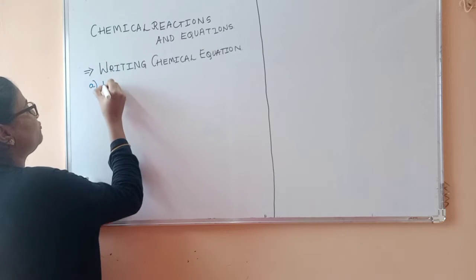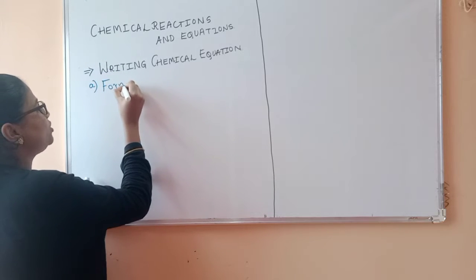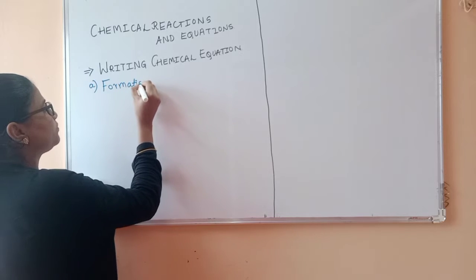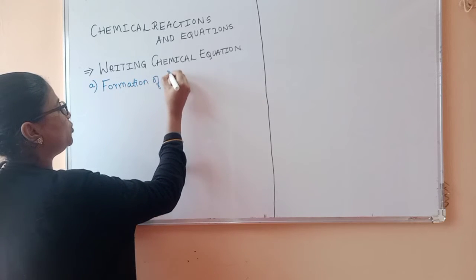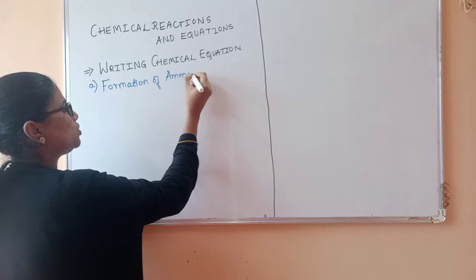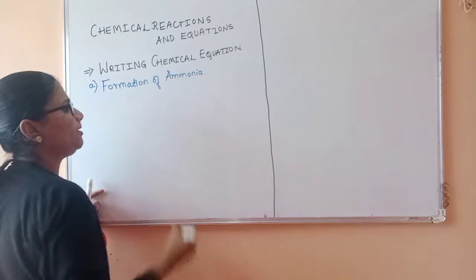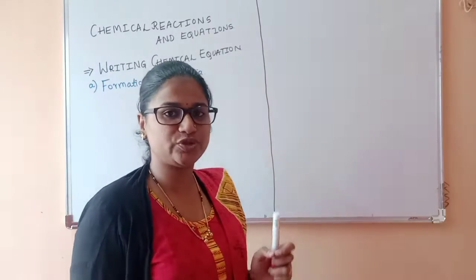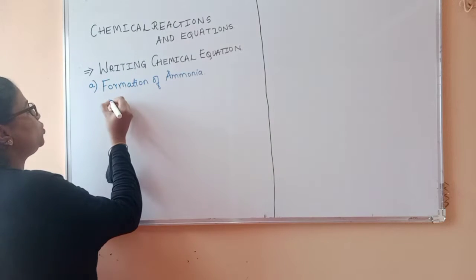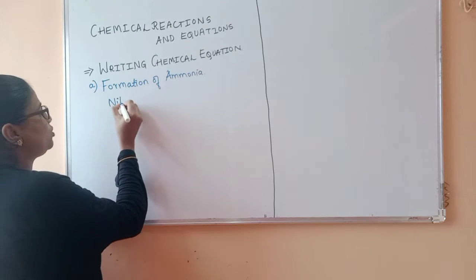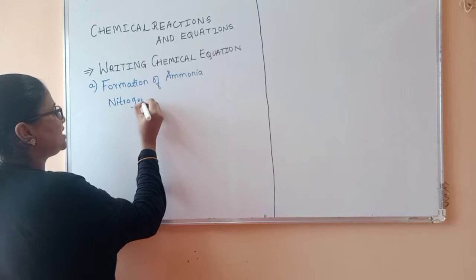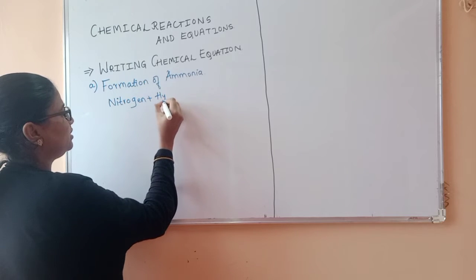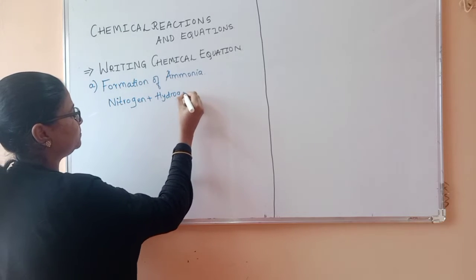Ammonia is formed chemically in the laboratory by combining two gases, nitrogen plus hydrogen gives us ammonia.